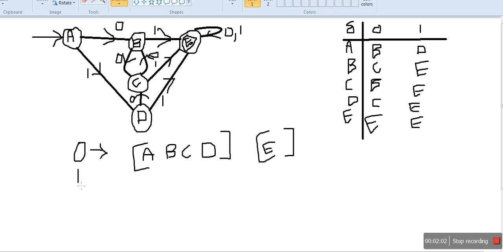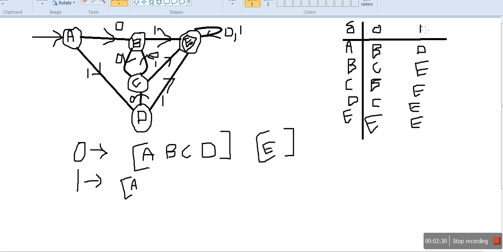Now in one equivalence class, first take A and compare it with B. A on seeing 0 goes to B and B on seeing 0 goes to C. B and C are in the same class in the above step.